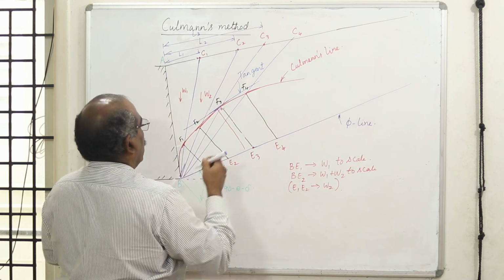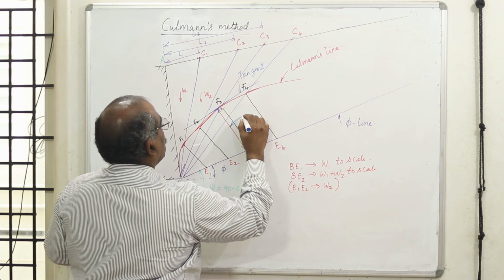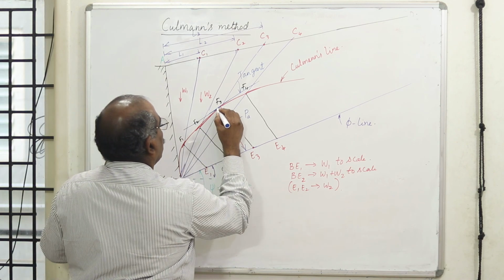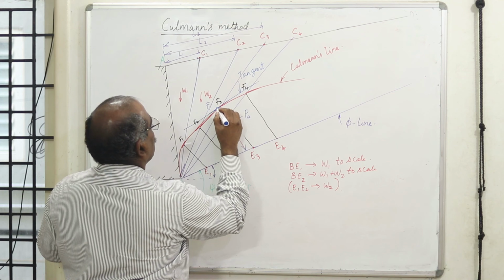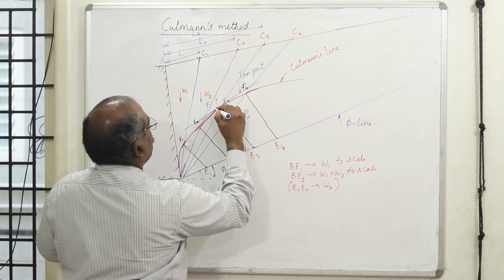Now this maximum value to scale represents the active thrust. Wherever you get this point, let me call it as F. This is F3. Okay, this is the point F.